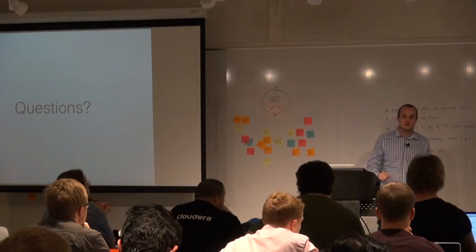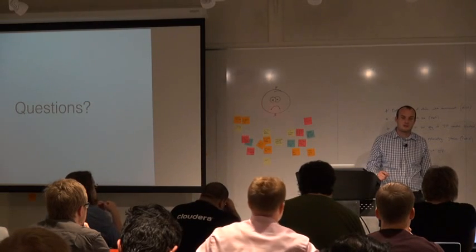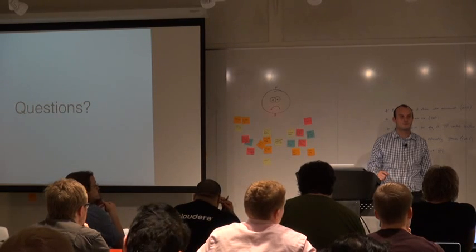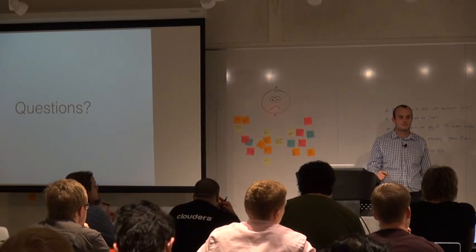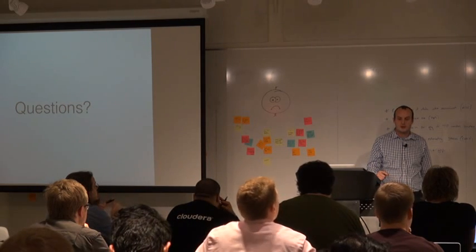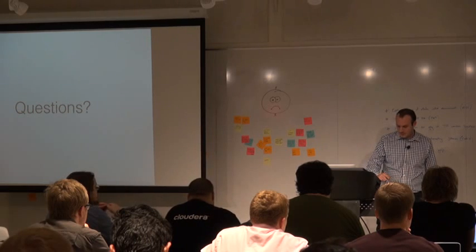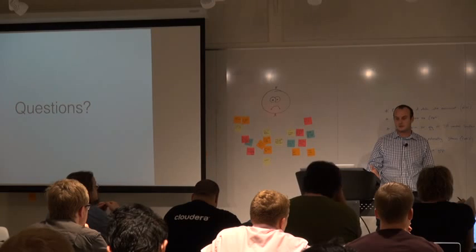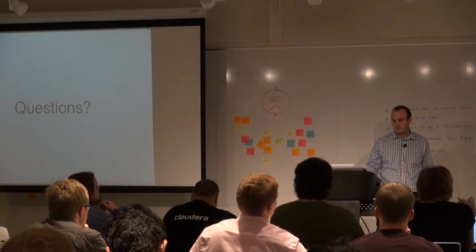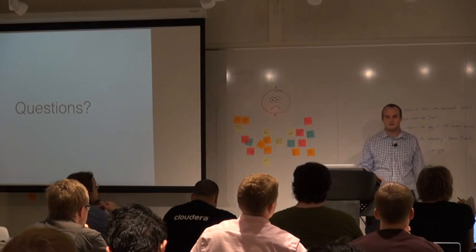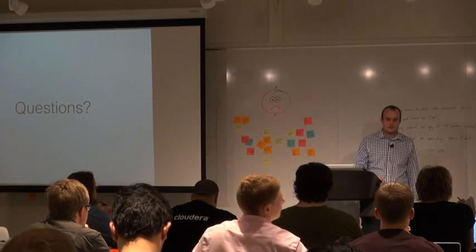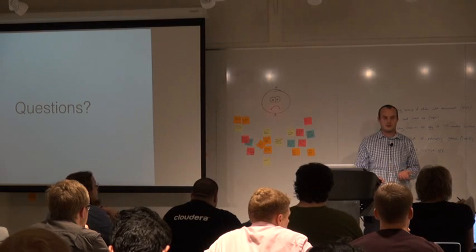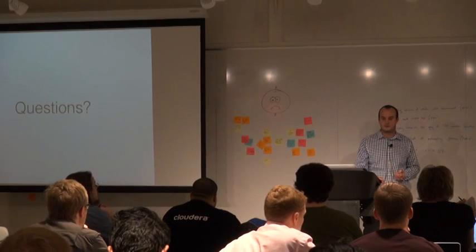So the question was, since a lot of interesting grammars are not LL1 but are LLK or require infinite lookahead, or LR, or just general context-free grammars, have I thought about building this tool on top of something like an Earley parser, which can handle a wider range of grammars?